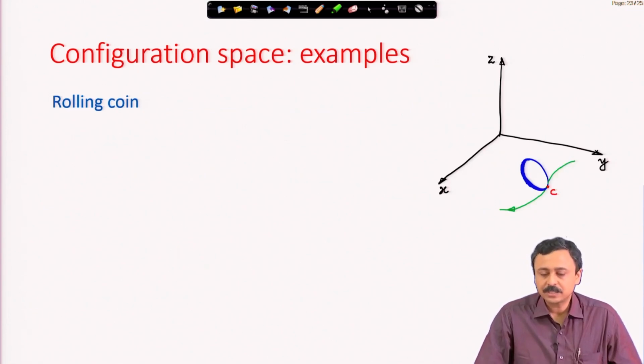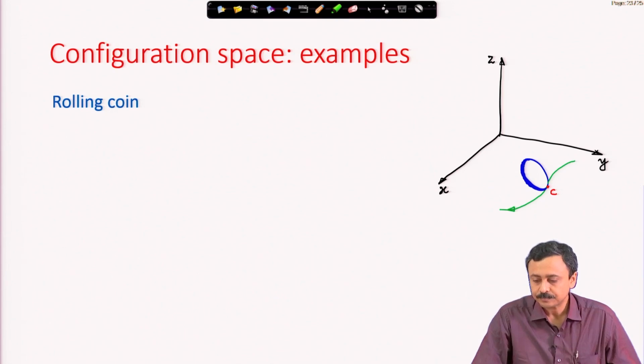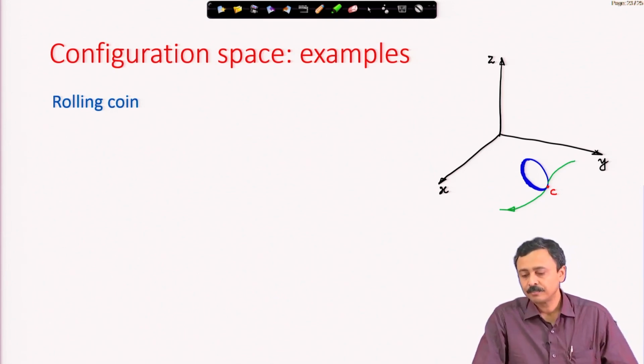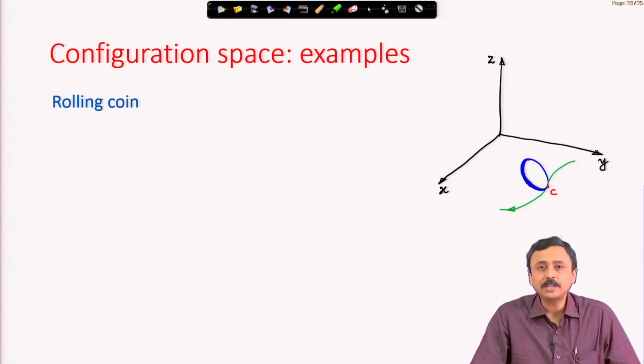Now, configuration space of a rolling coin. Now, this is a complicated example. Consider a rolling coin as I have drawn here. It is in contact with the ground. Ground is the xy plane. It is in contact with the ground and always will be in contact with the ground, and that ground contact point is indicated as C, and it is moving on a certain path shown by the green curve on the ground.